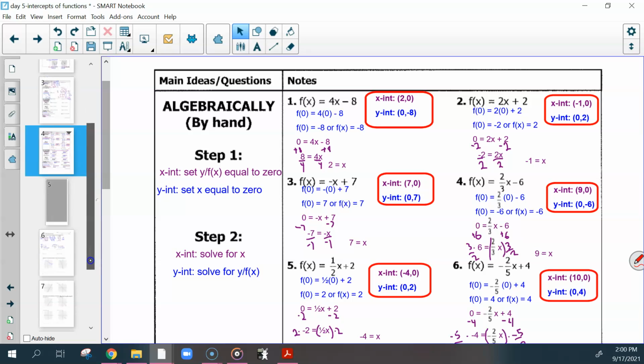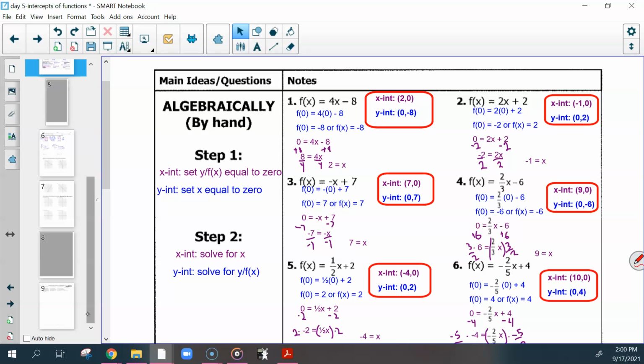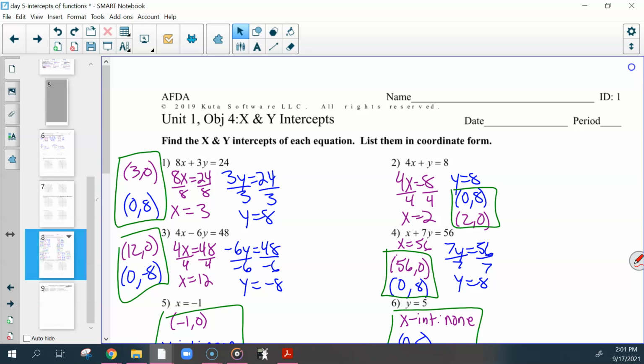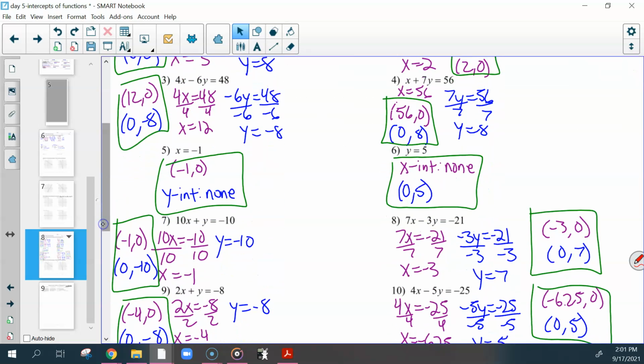I'm going to read through the answers to the other ones really quickly. If you did not get a chance to finish those, I do want you to finish them. That way you get some good practice in.